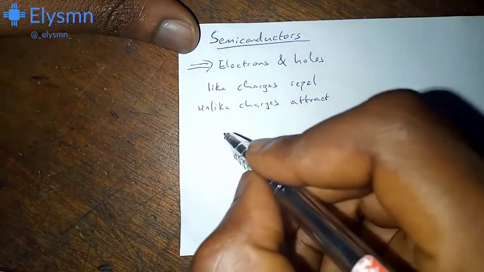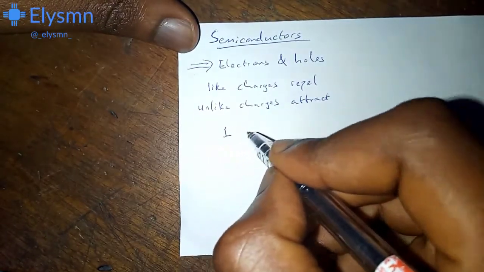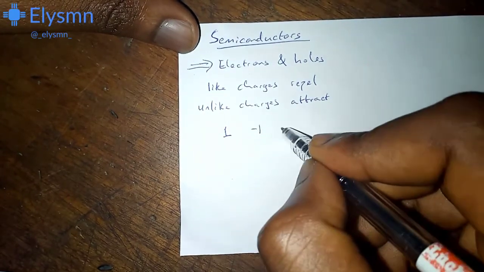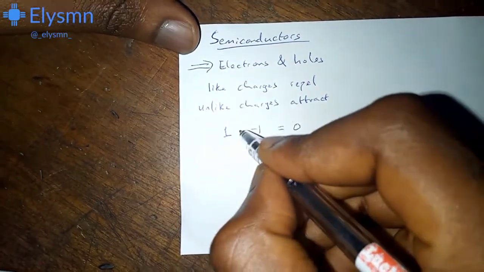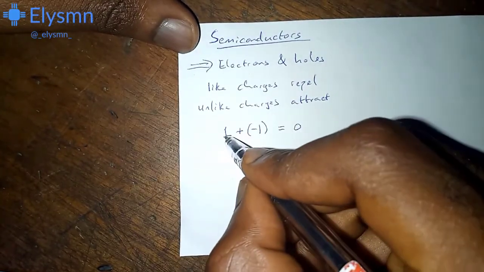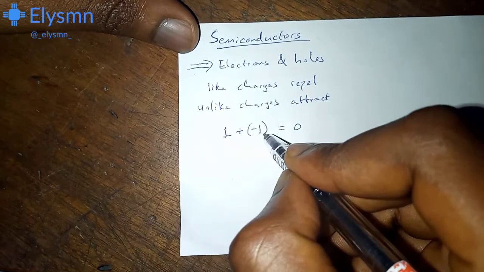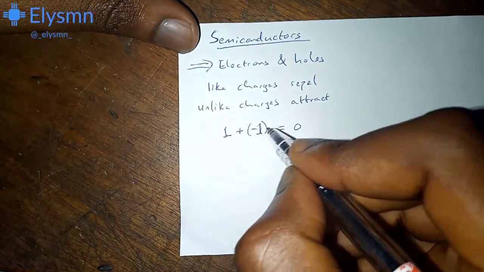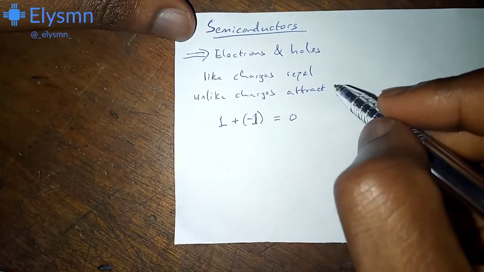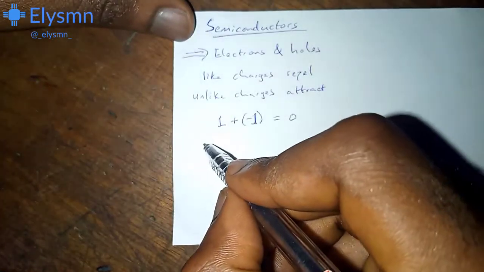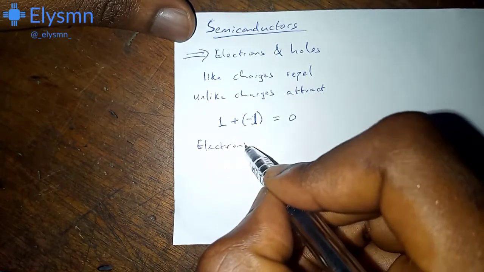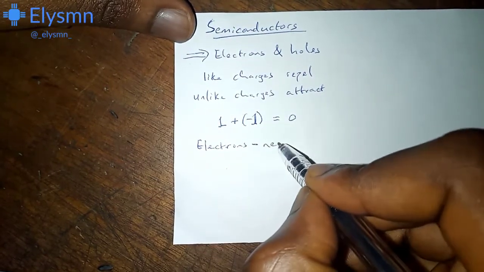You can use the analogy of 1 and -1 and the balance being 0. When two of them add together, you get 0. So a positive is looking forward to a negative to form a balance of 0. Now let's remember also that electrons are negatively charged.